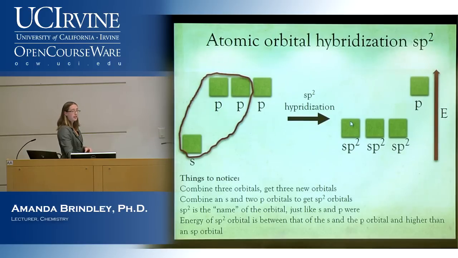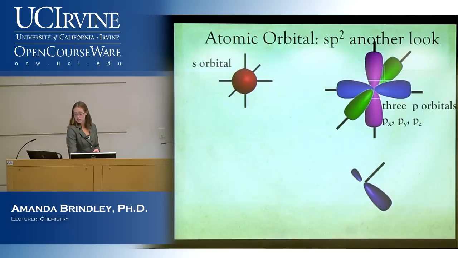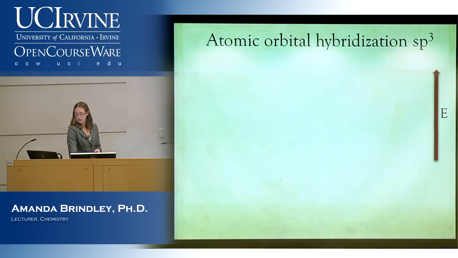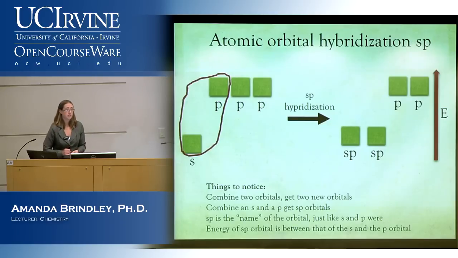We get 3. Now, did we touch this p orbital at all? No. So what happens to it? Well, it's just there, right? We can do things with it. That stays. Same thing with sp hybridization, which is the example we've just done.